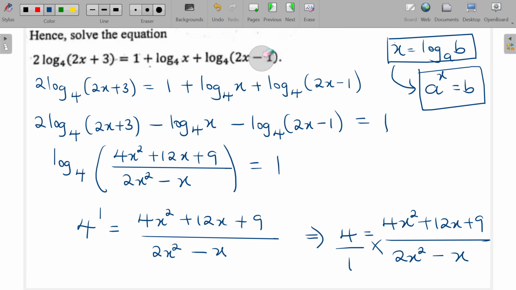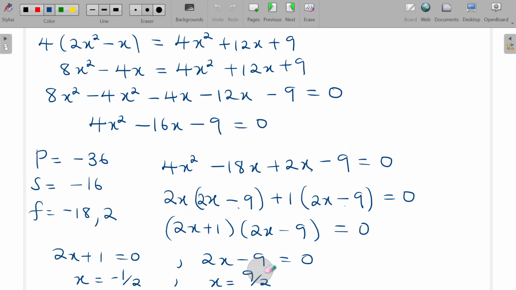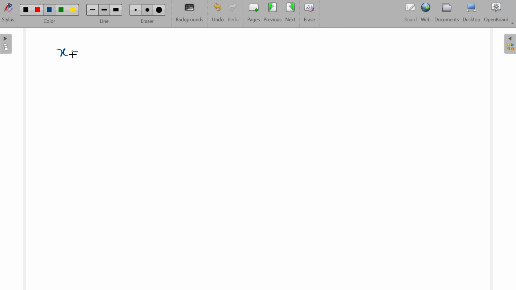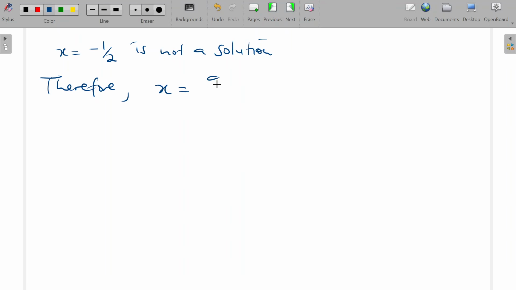Because it is giving you a solution, here we say that x equals negative 1 over 2 is not a solution. Therefore, our x equals 9 over 2. And you're done with this question.